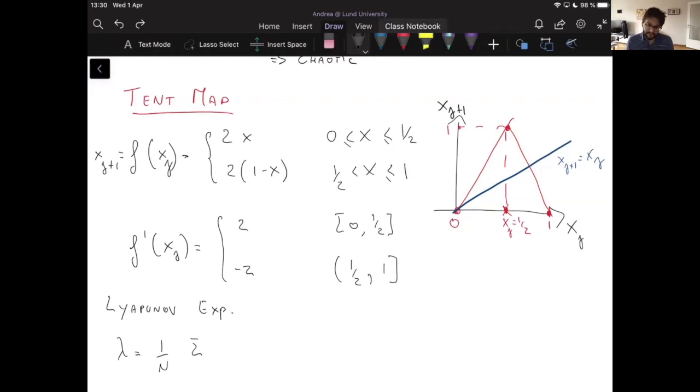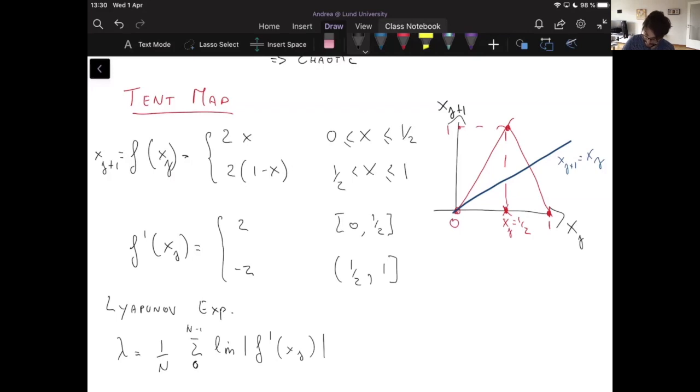You can do some averaging, some general studies, but for a specific trajectory, this is definitely not feasible. But in this case, this is very much feasible, because this is just the average of the logarithm of the absolute value of the derivative of x.